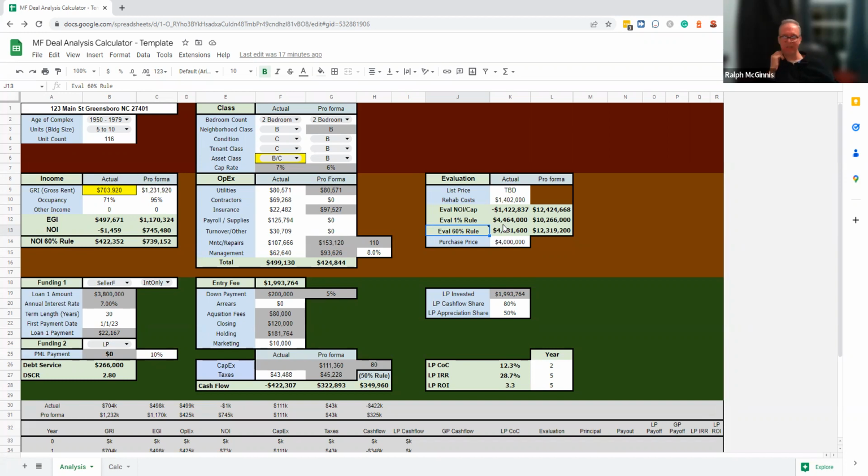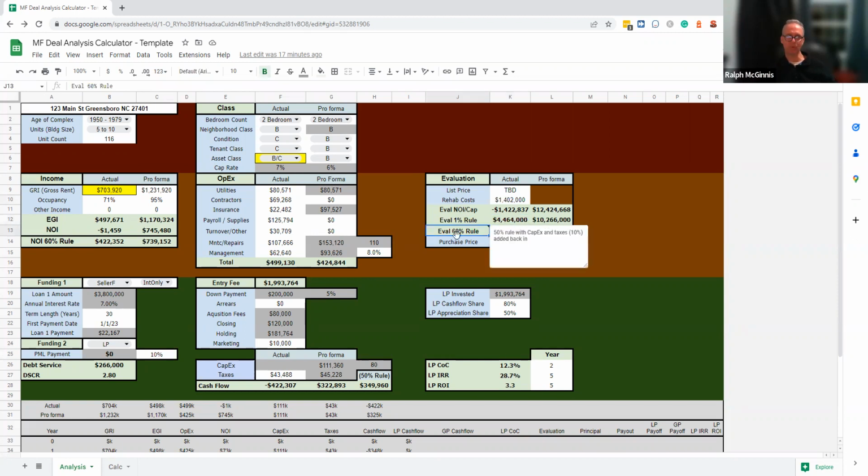In some areas, it might be a 2% rule. But as you can see here, the 1% rule means you take all your gross rental income for 1 month and you multiply it by 100, because 1 month should be 1% of its overall value. And then you subtract out all of the current repairs that need to be done. So in this case, the 1% rule evaluates this place at 4.46 million.